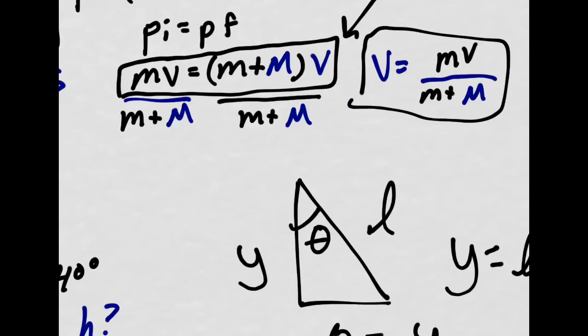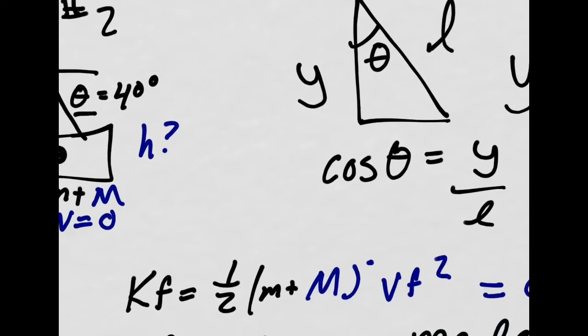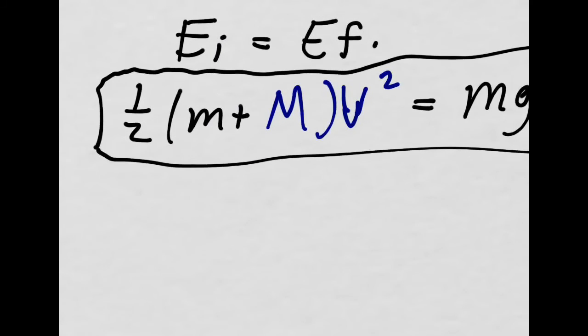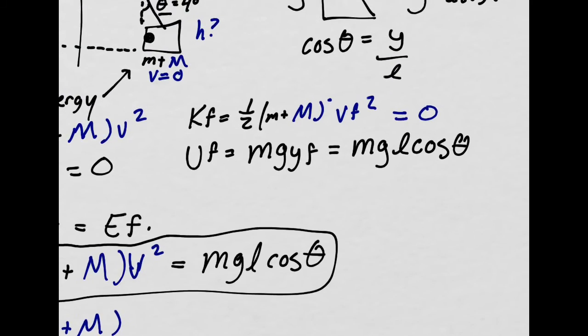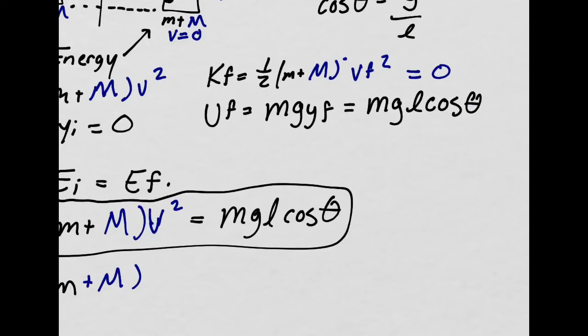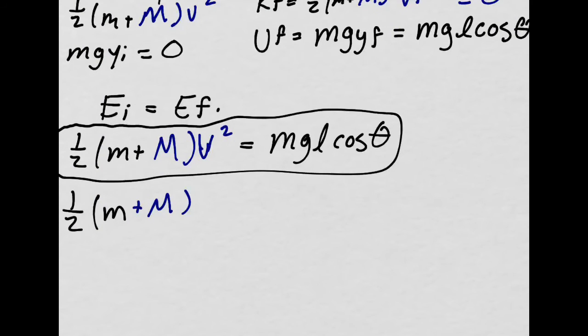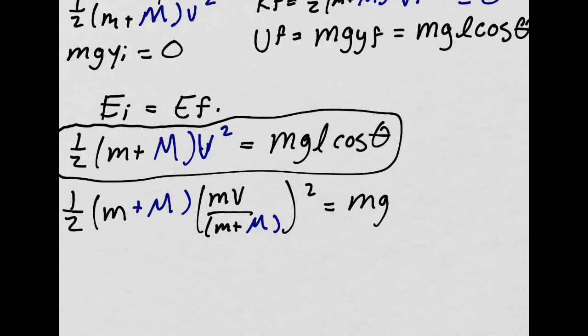So I'm going to take that and I'm going to plug it in down here. And zoom out a little bit. So 1/2 m plus capital M times V. The V we just had is mv over m plus capital M, squared. That equals mgL.